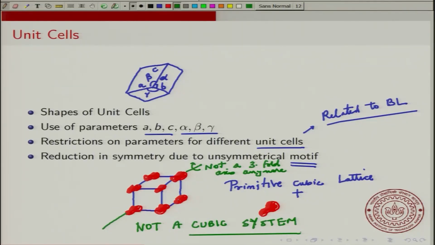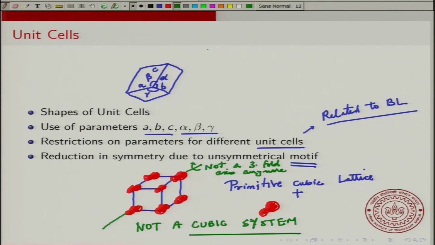Okay. And so given this, you can also think that suppose you had a cubic system, and then the unit cell would definitely satisfy A equal to B equal to C and alpha equal to beta equal to gamma equal to 90 degrees. So a cubic system automatically implies A equal to B equal to C, alpha equal to beta equal to gamma equal to 90 degrees, but not the other way around.